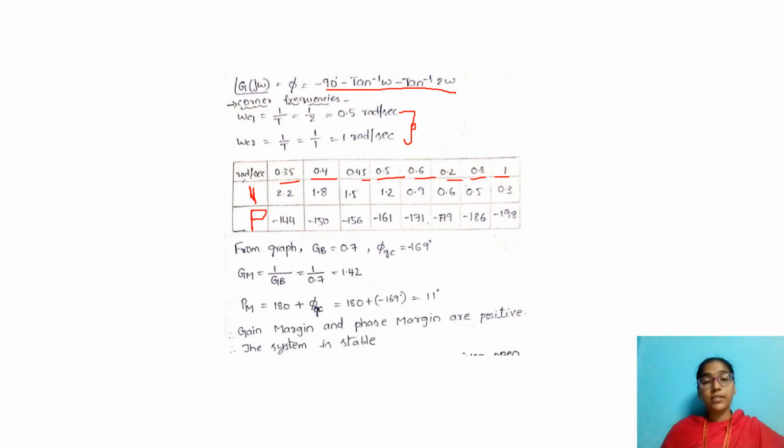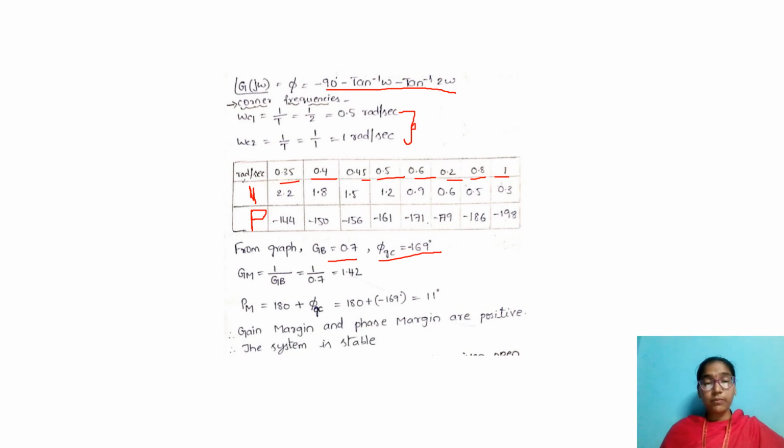In the phase plot, substituting 0.35, the phase angle is minus 144 degrees, and then minus 150, minus 156, minus 161, minus 171, minus 179, minus 186, minus 198. From the graph, we find GB equals 0.7 and phi GC equals minus 169 degrees.